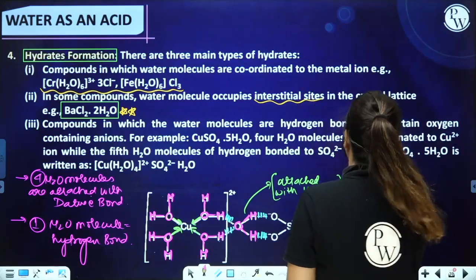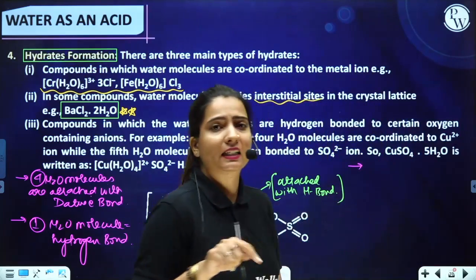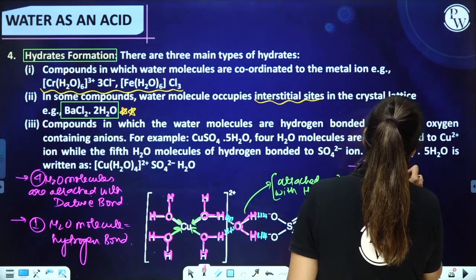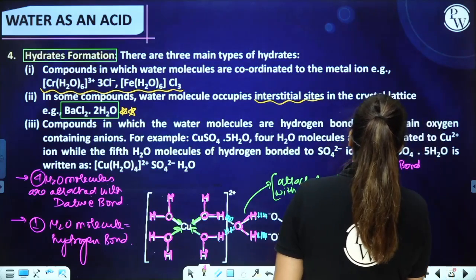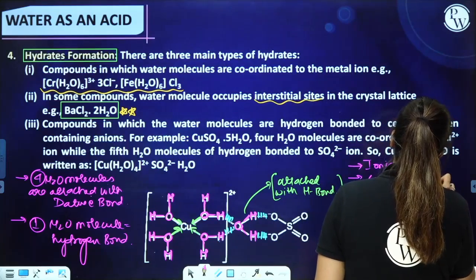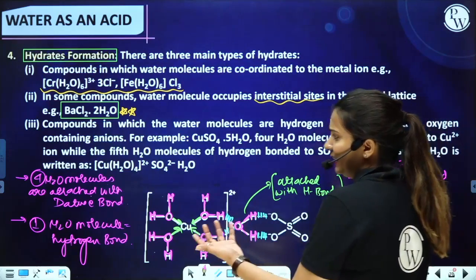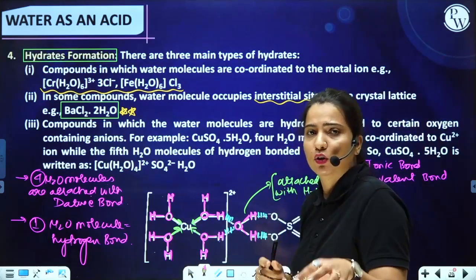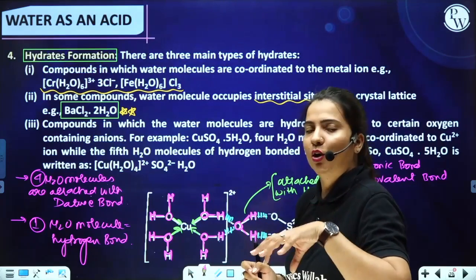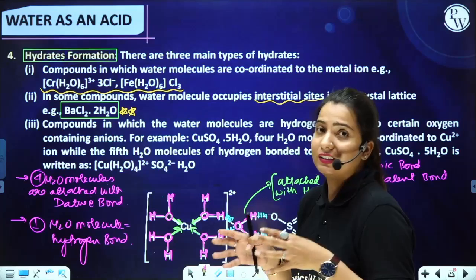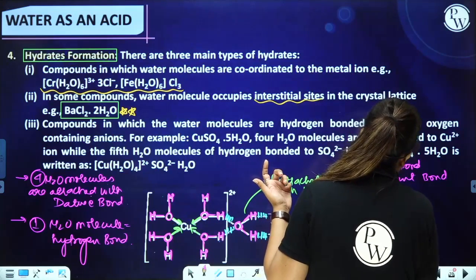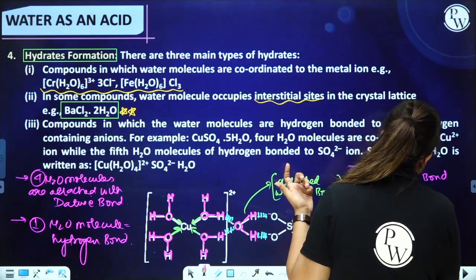Okay, what all types of the bonds are present in this molecule? There is a presence of the ionic bond, there is a presence of a covalent bond. Okay, you can simply see whenever there is a salt, copper sulfate, CuSO4, there is a ionic bond. Sulfate itself, in the sulfate molecule, there are oxygen sharing electrons with the sulfur. It is a covalent bond. Also, you have a dative bond present over here.